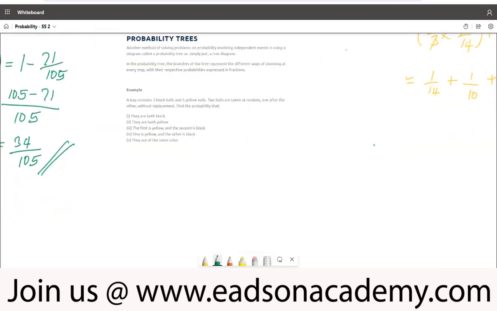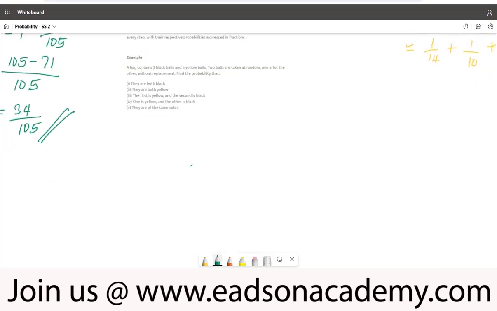So for the first draw, one arm of this tree will be black, the other will be yellow, because I have 3 black balls and 5 yellow balls, only 2 colors. The probability of drawing a black is 3 over the total. The total is 3 plus 5, which is 8. And the probability of drawing a yellow is 5 over 8.